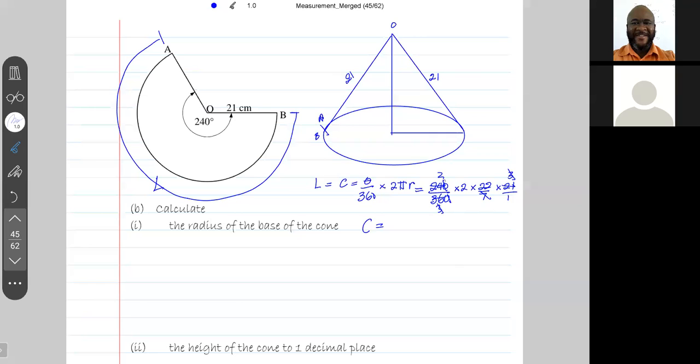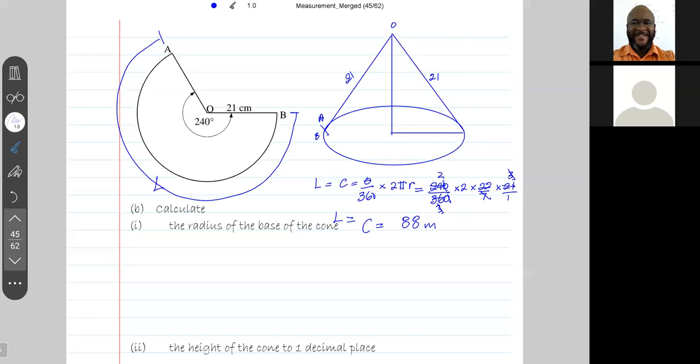So it's 2 times 2 times 22, which is 88 centimeters. So L, the length of the arc, becomes the circumference of the base of the cone, which is 88. All right, so I started off making an error, but I recovered, no thanks to anybody but myself and God.